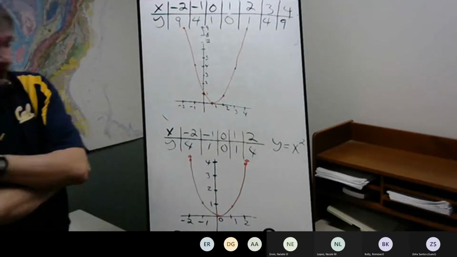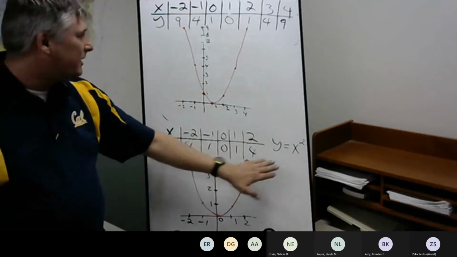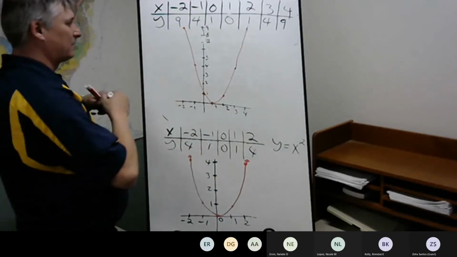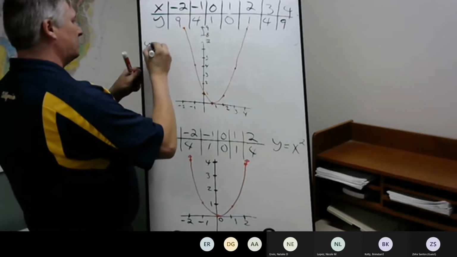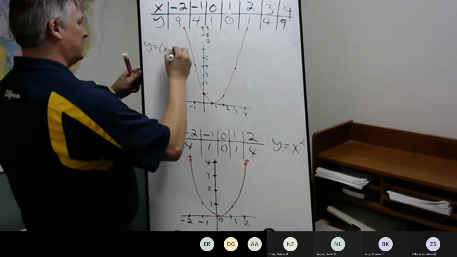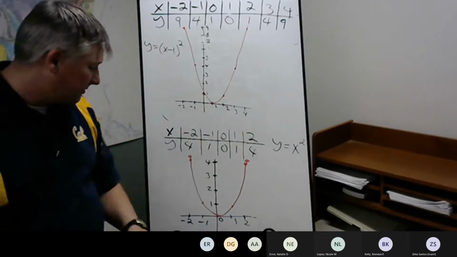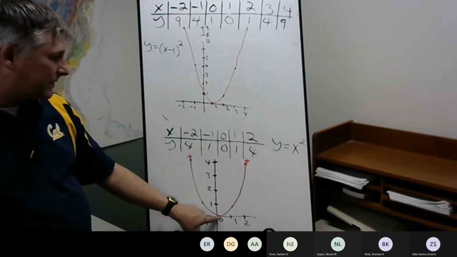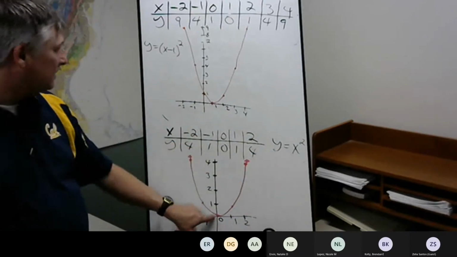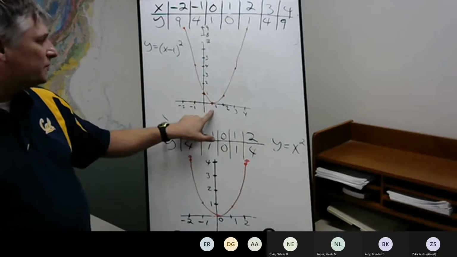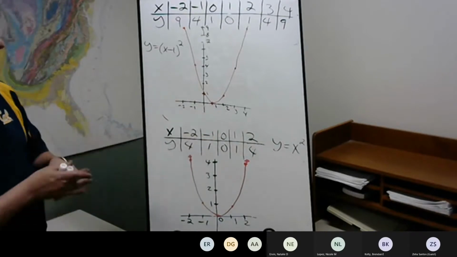So let's take a look at this. This is y equals x squared. This is y equals x minus 1 squared. And where you can really see this, look at the vertex. This one, it's at 0. For this one, it's moved to the right 1 unit.